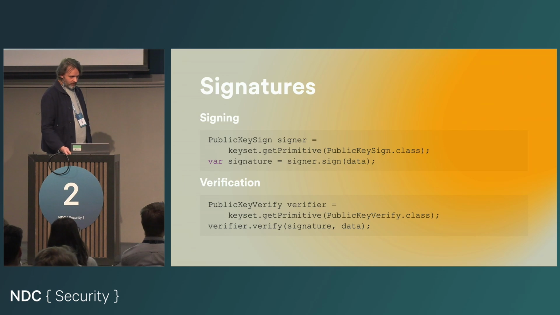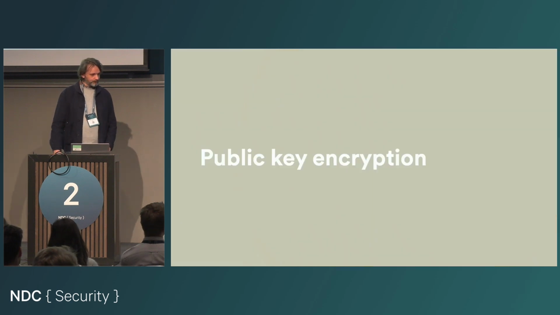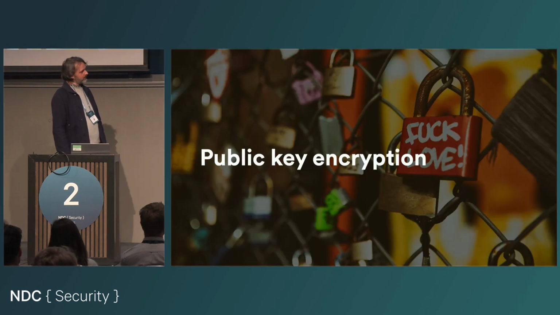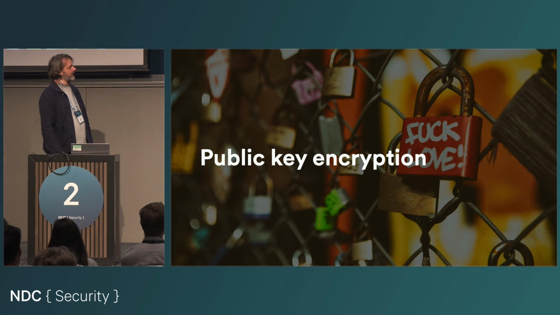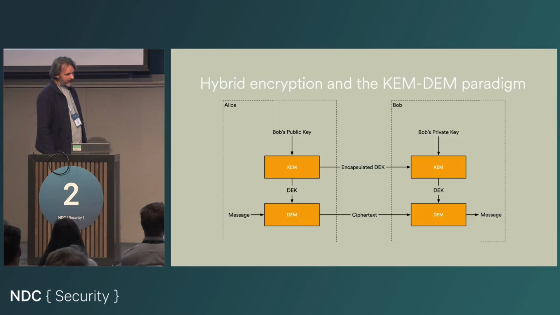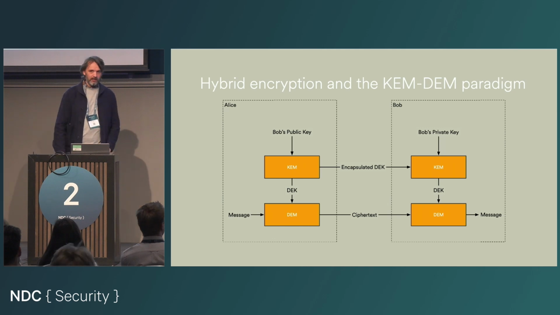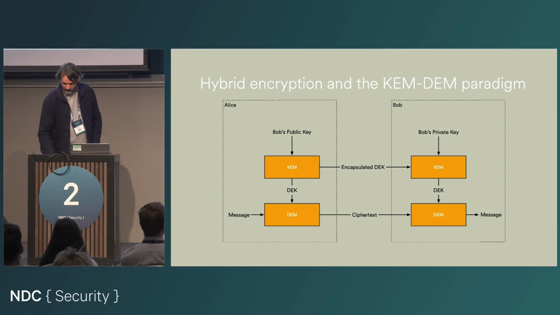So that's signatures. There's not really a huge amount to say about signatures. Public key encryption is a bit more complex. So I have to go into a little bit about how this works, unfortunately, for reasons that are hopefully clear. So most public key encryption is not pure public key encryption, and this may be known to many of you, but just for those that don't.